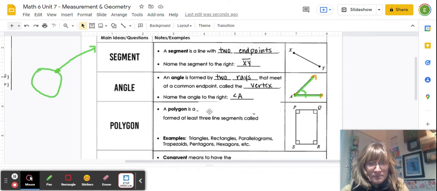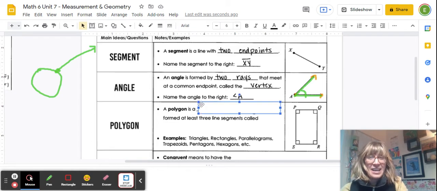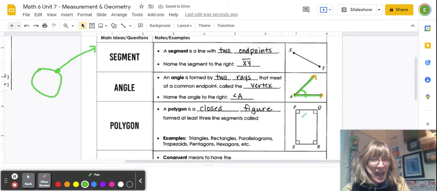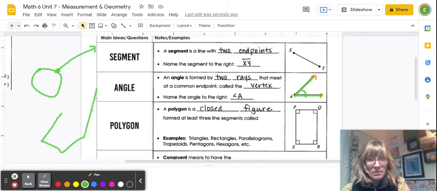A polygon. A polygon is a closed figure. So a polygon can be something like this rectangle over here. A polygon cannot be open. So this right here is open because there is nothing keeping it closed from here to here.